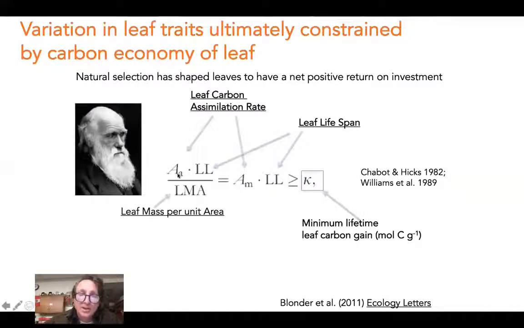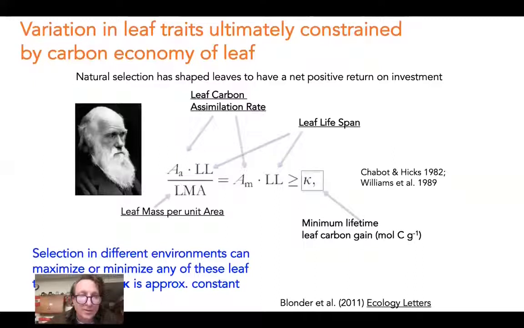So if natural selection is going to operate on a leaf in a given environment to make sure that it's greater than or equal to this minimum lifetime carbon gain, it can change the photosynthetic rate, it can change how long a leaf can live in an environment, but it can also change how much leaf mass per unit area is present. And that sets up a very strong constraint in terms of how all of these different traits co-vary with each other.